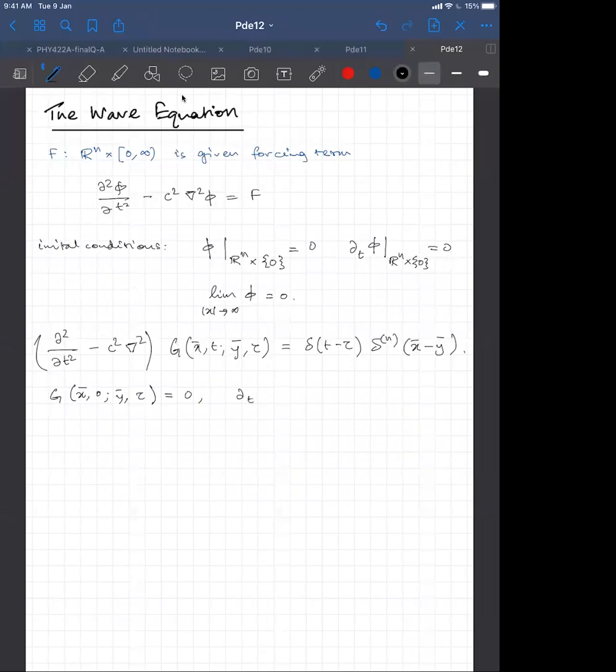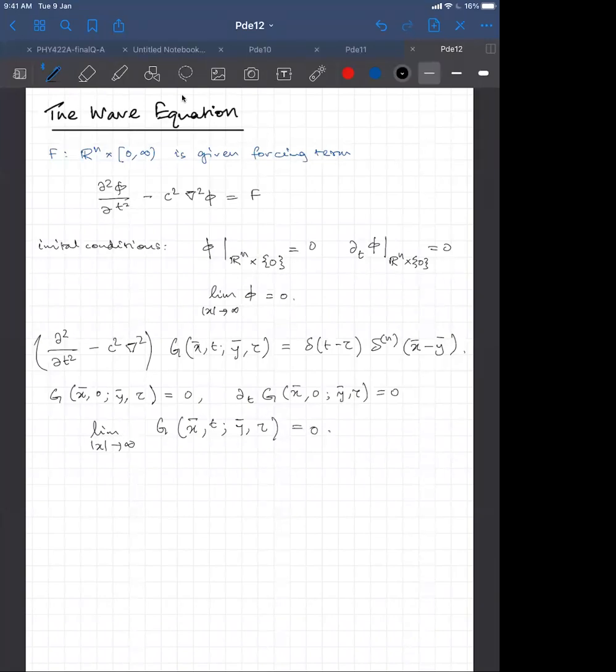Del t of g of x, 0, y, tau is equal to 0, and we have the limit of mod x going to infinity of g of x, t, y, tau is equal to 0.